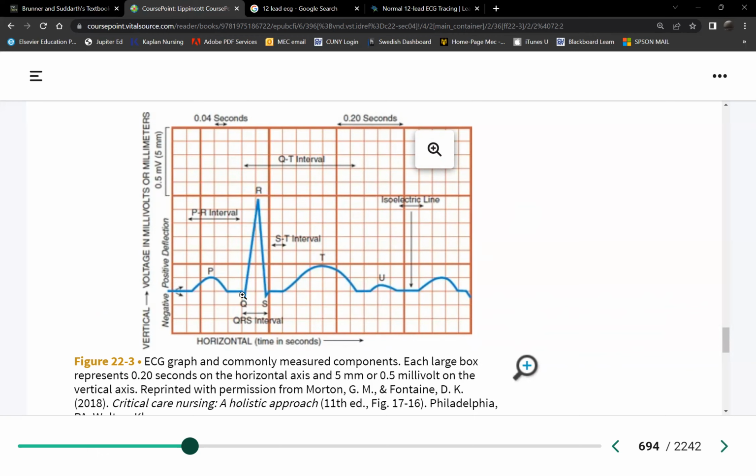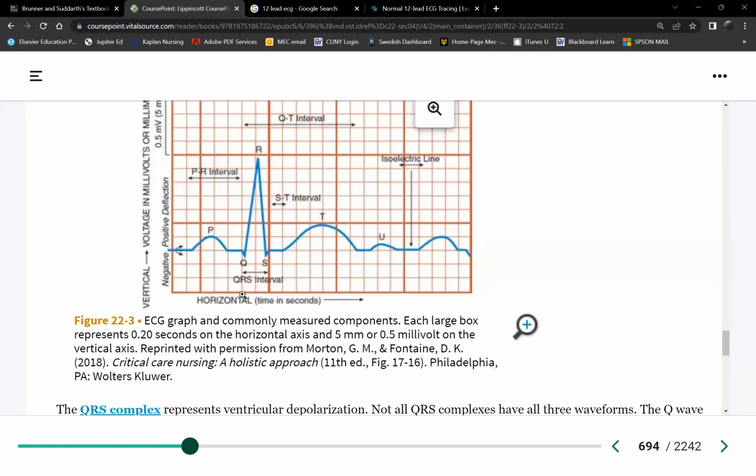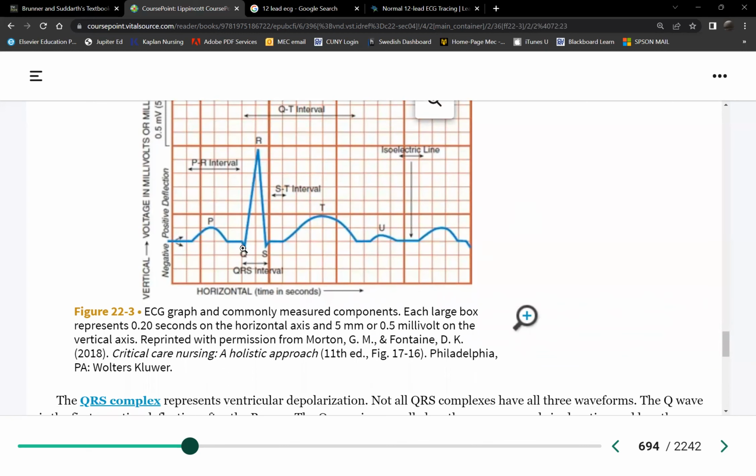So has it anything to do with the R wave? Not at all, but yet they call it the PR interval. Don't ask me to explain why, because I can't. Whoever named this, whoever wrote the book from the beginning, you ask them. They're all dead now, leaving us with nothing, but that's what they call it, PR interval.